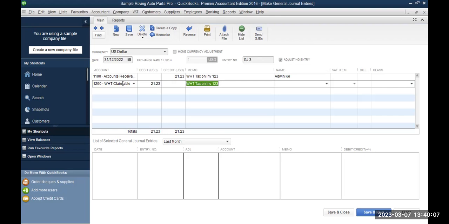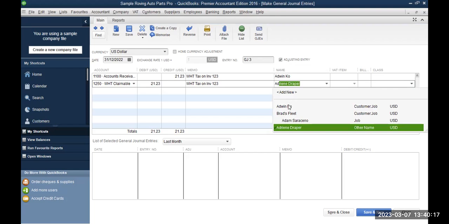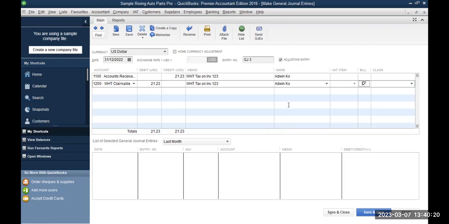When you file your corporation tax at the end of the year, you can offset that amount of money. But you just need to clean your ledger, as you're not going to collect this money from Edwin. But also it helps you to track how much you need to offset on your corporation tax at the end of the year.